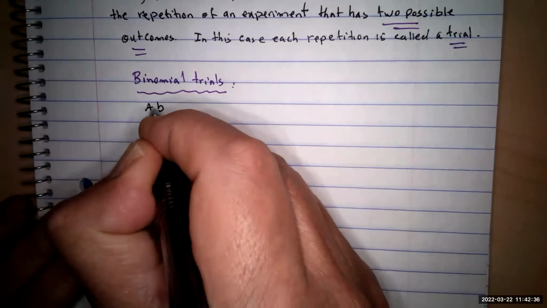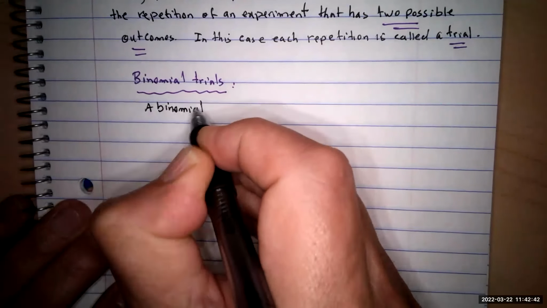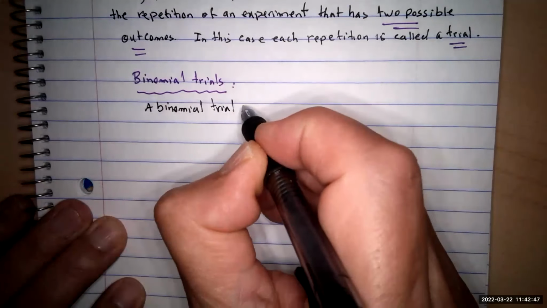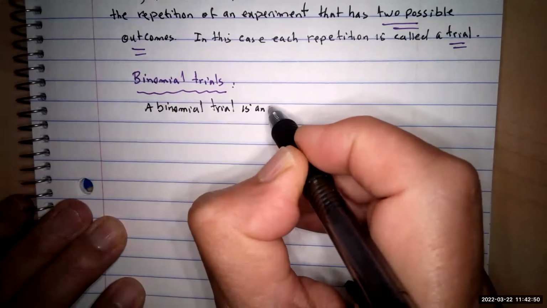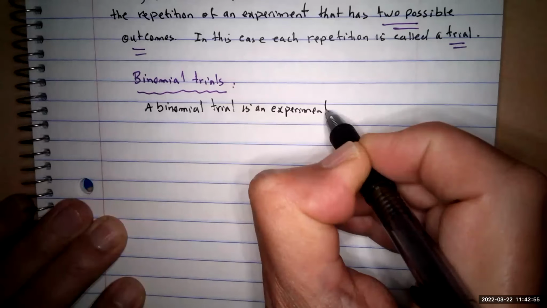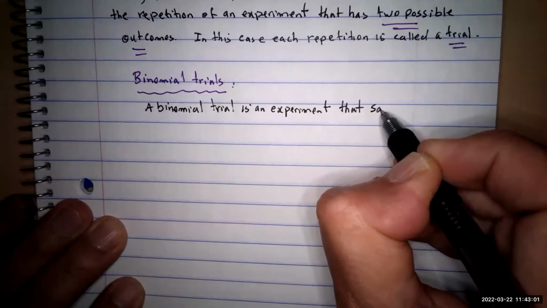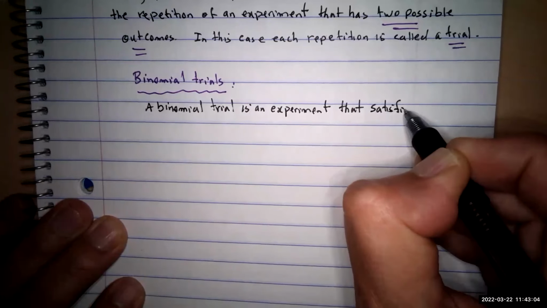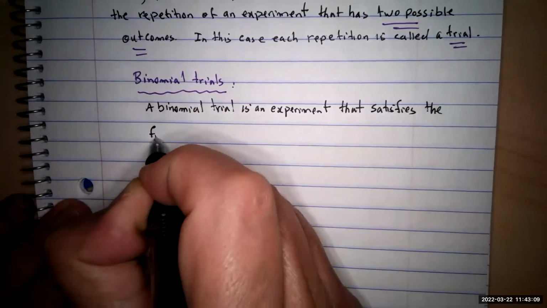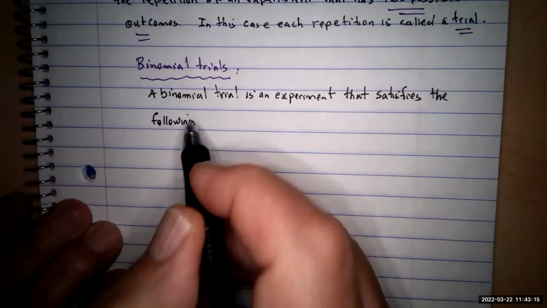A binomial trial, something that we repeat over and over, is an experiment that satisfies the following conditions.